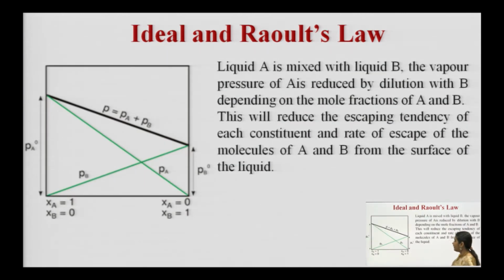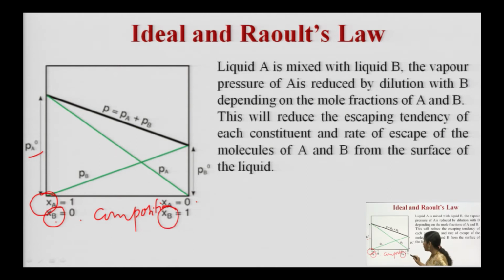Now, if we draw it in a graph, we plot a graph between vapor pressure and composition. Here we have A, where the mole fraction of A is 1 and the mole fraction of B is 0, and here the mole fraction of A is 0 and the mole fraction of B is 1.